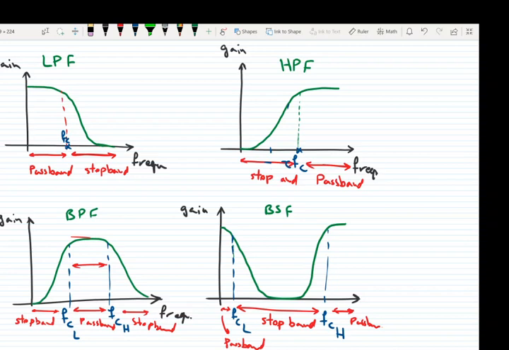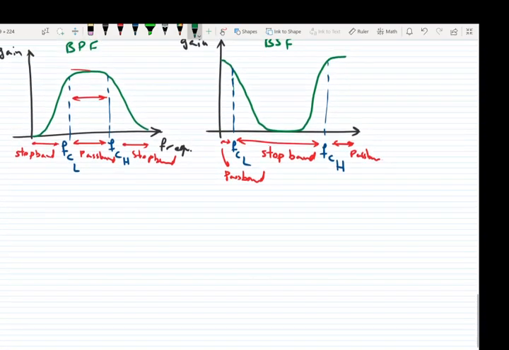Because as we see, the response is not very sharp. If the response was something like this, 0 and 1, we would definitely say the cutoff frequency is here. But because it changes gradually from 0 to maximum, we should determine a frequency that we define as the cutoff frequency.